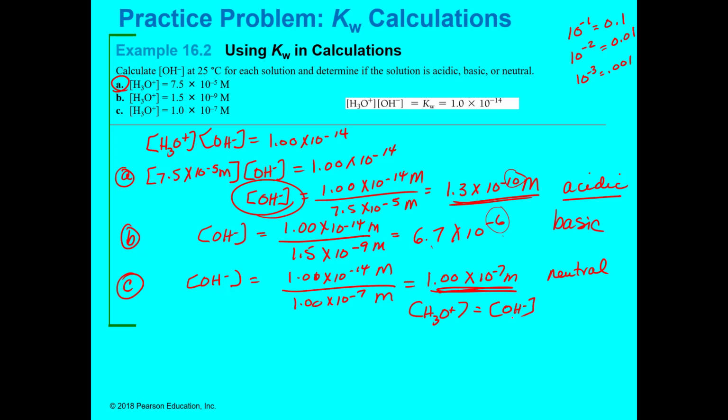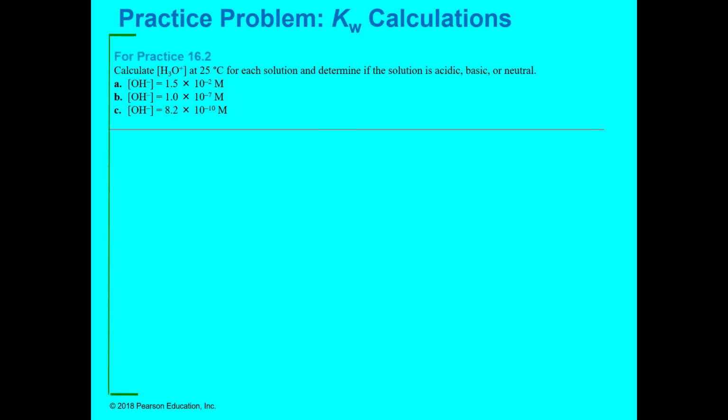And that means it's neutral pH. It's not acidic, it's not basic. And then your practice is to just go the other way. You're calculating the hydronium ion concentration by doing it the same way by using the Kw.